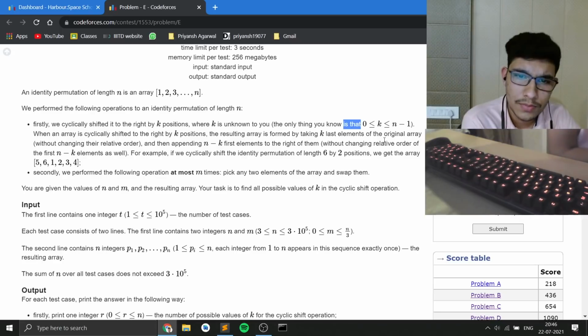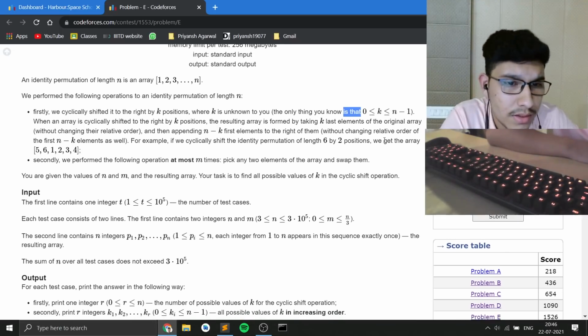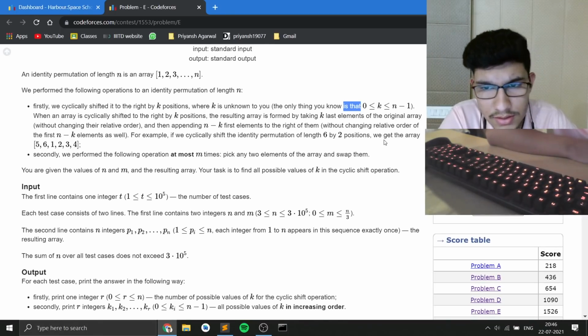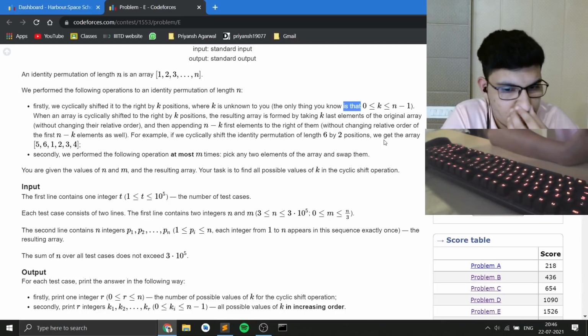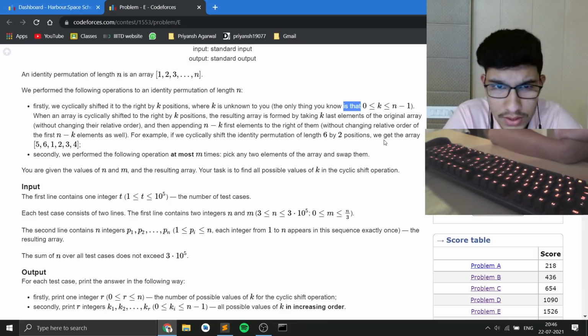Secondly, perform the following operation at most m times. Pick any 2 elements of the array and swap them. You're given the values of n and m and the resulting array. Your task is to find all possible values of k in the cyclic shift operation. Okay. An identity permutation is this. We perform the following operations to an identity permutation of length n. First, we cyclically shifted it to the right by k positions, which is fine.